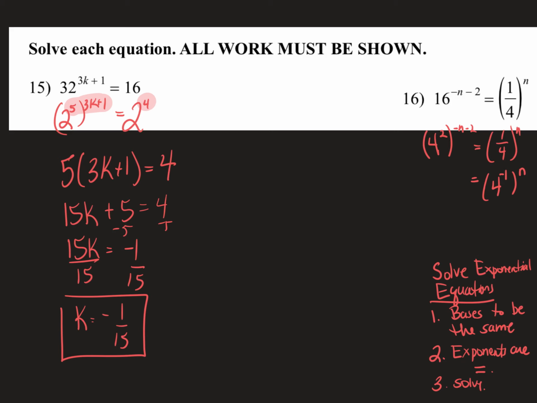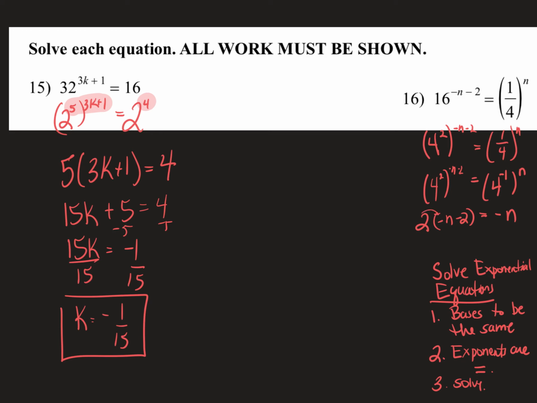A negative exponent means you have a fraction. And now my bases will be the same, and I can write my equation. My exponents are equal. 2 times negative n minus 2 is going to equal negative 1 times n.